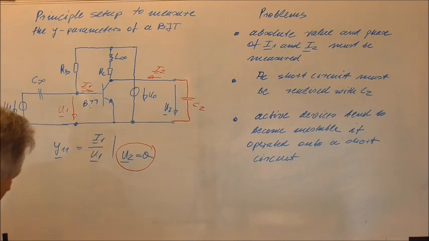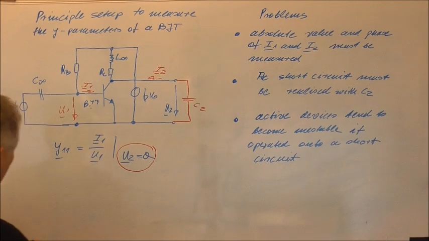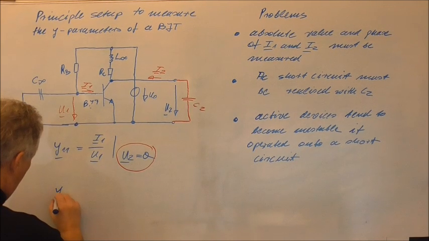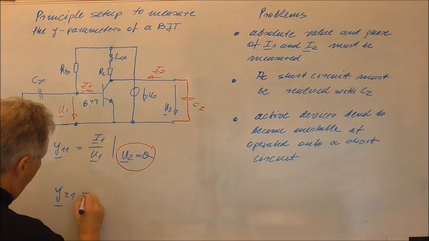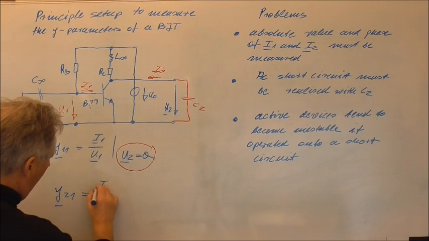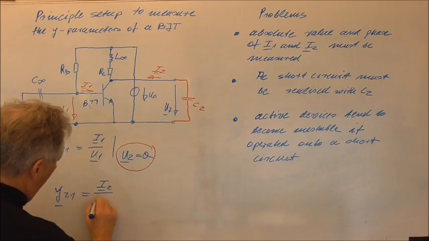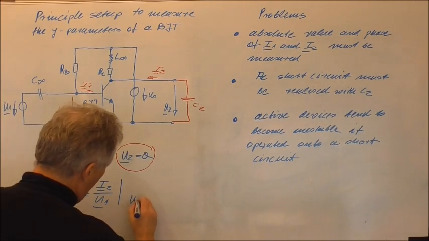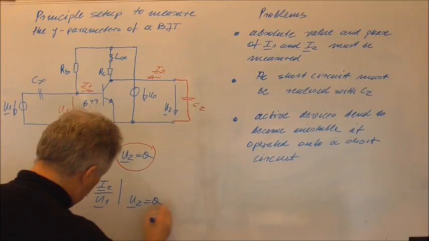And also for the parameter Y21, we will have to measure I2 over U1, also realizing U2 must be 0.